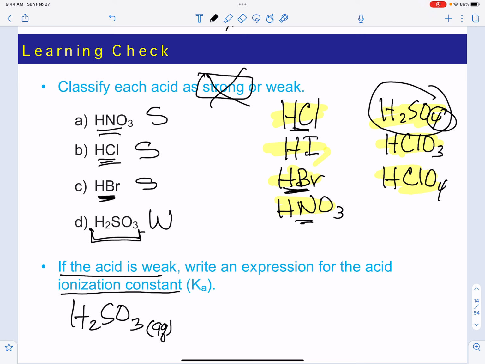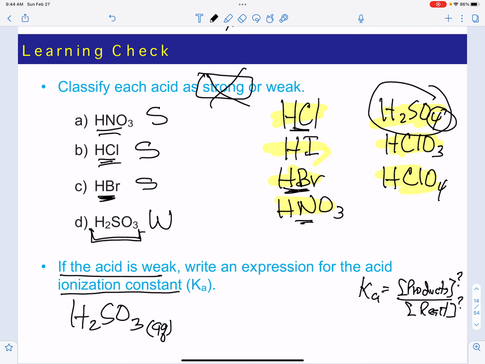So we know that the Ka is going to be the products over the reactants, elevated to the power of their respective coefficients. That means we need a balanced equation. We cannot write the Ka unless we have a balanced equation. And for the purpose of what we're going to be doing most of the time, we're always going to write this balanced equation reacting the acid or the base with water.